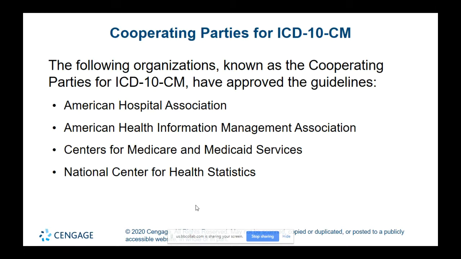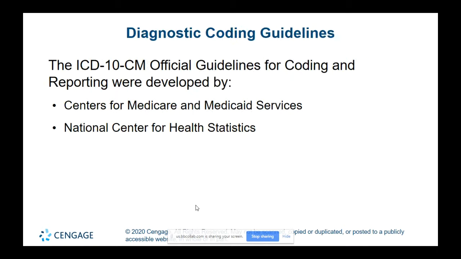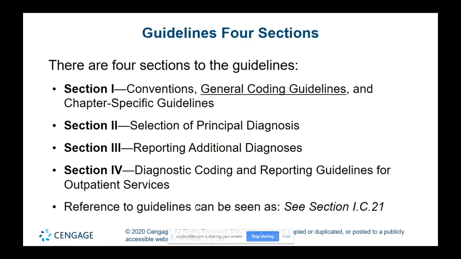They're not the ones that developed it, they are the partners. There's going to be a question that asks you, did HIMA develop these guidelines? HIMA did not, they were a partner, whereas the Centers for Medicare and Medicaid Services and the National Center for Health Statistics are the ones that actually developed the guidelines.